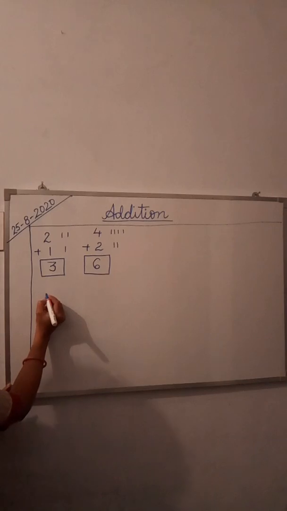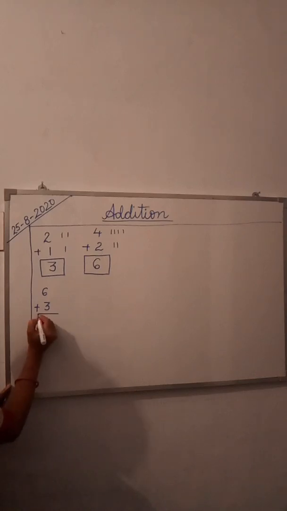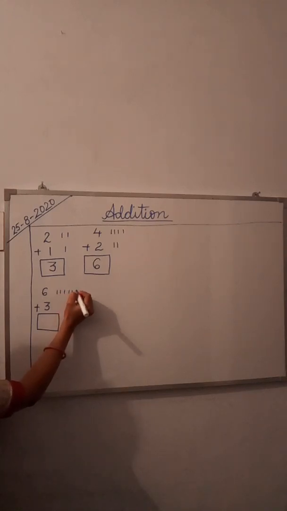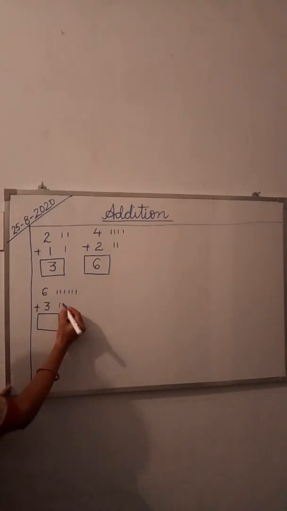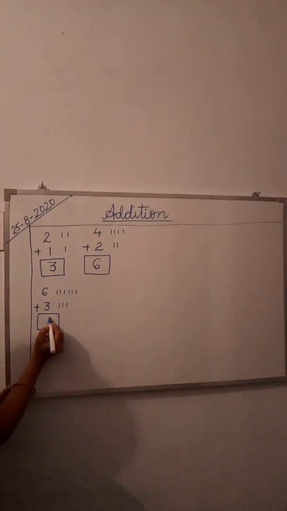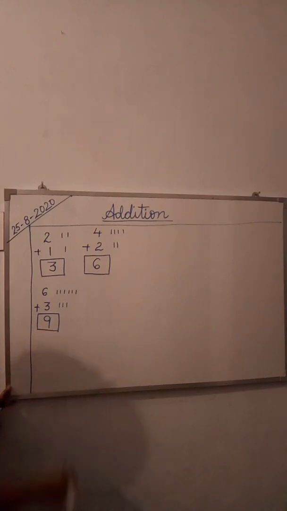Now here write down 6 plus 3. Okay. Now draw the line 1, 2, 3, 4, 5, 6 and down 1, 2, 3. Now total will be 1, 2, 3, 4, 5, 6, 7, 8, 9. Here it is 9.